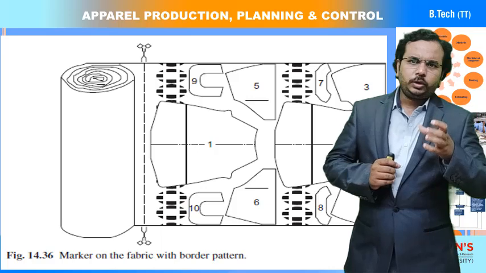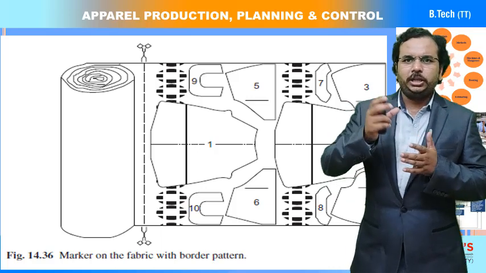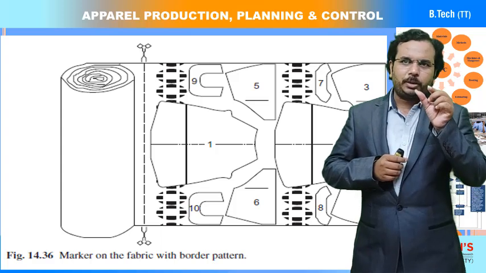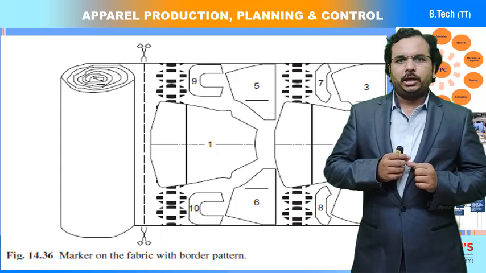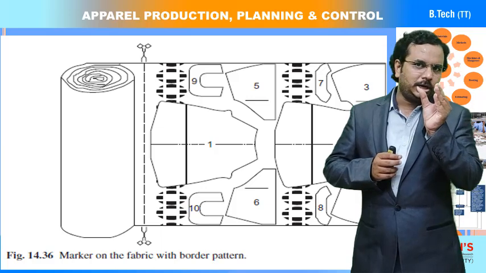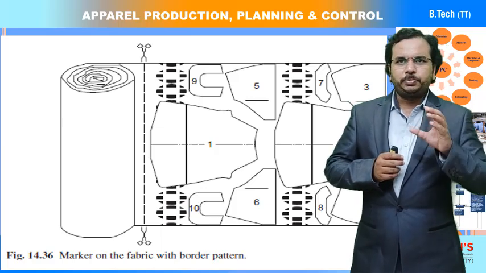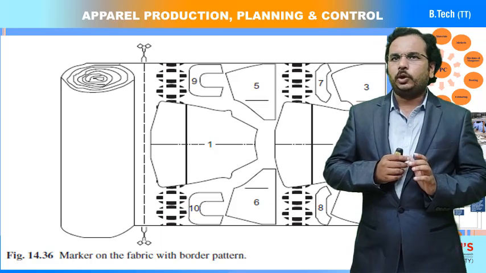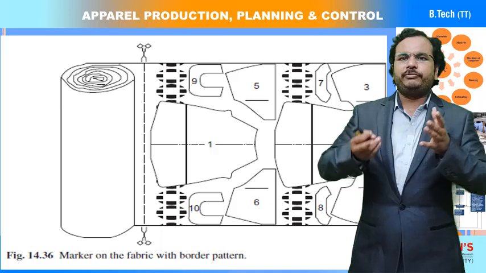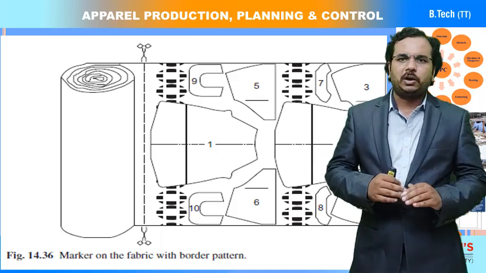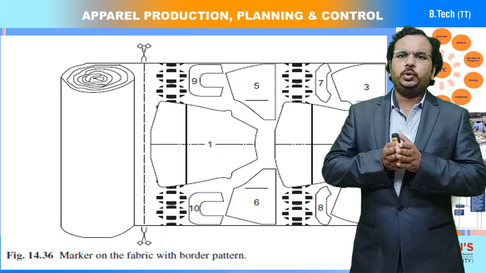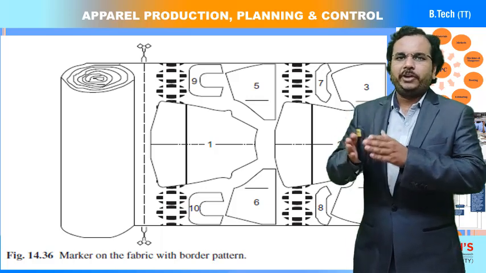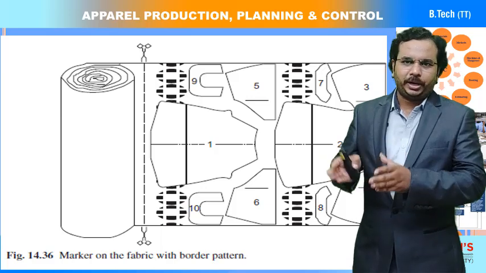You can observe pattern pieces 1 and 2, where the bottom part of the panel is kept on the printed design, and these printed designs are matched in the length direction as well as the width direction. For other components where we don't want any print, you can utilize the empty place of the fabric, or free space which has no print.